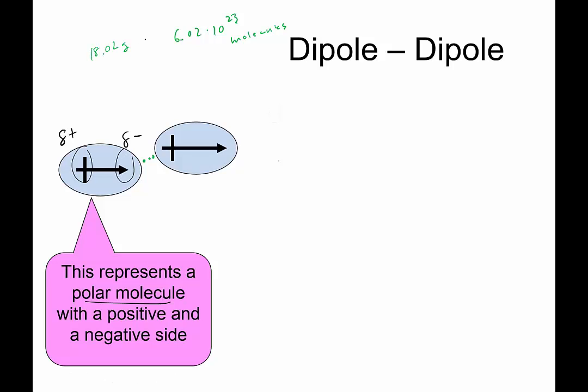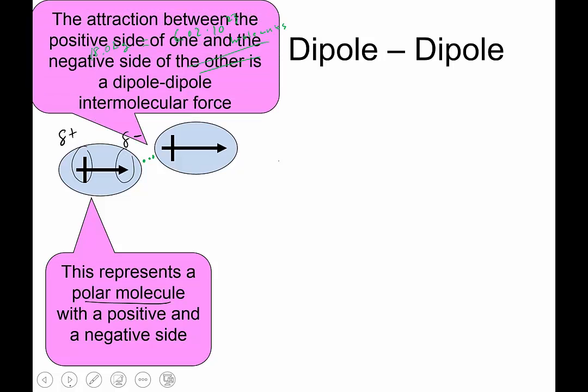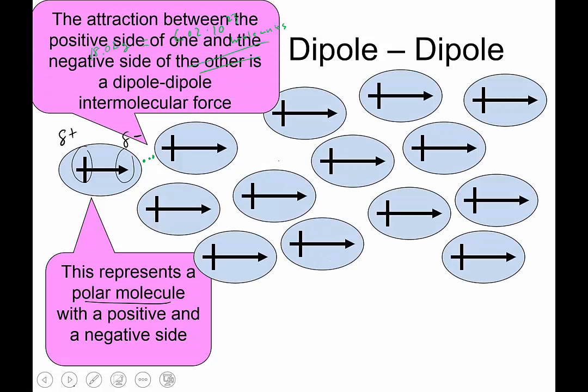So what are all these molecules doing? They're all lined up in a way where the negative ends face positive ends, and then you get these attractive forces between all the water molecules.